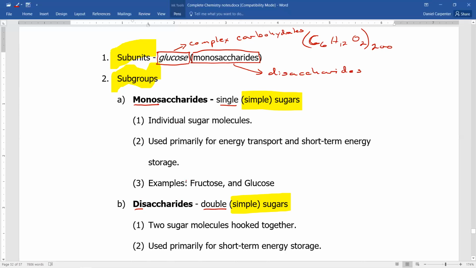So one is a monosaccharide. For example, you've heard of fructose. Fructose is the sugar found in fruits. It's also found in corn. And they can make, you've heard of this, I suppose, high fructose corn syrup from it. Fructose, though, is a naturally occurring sugar found in fruit.